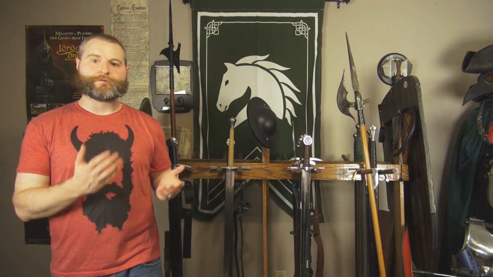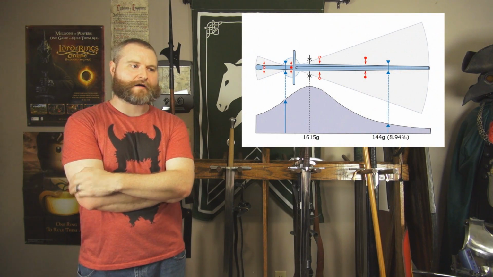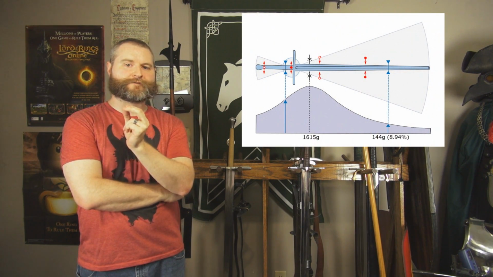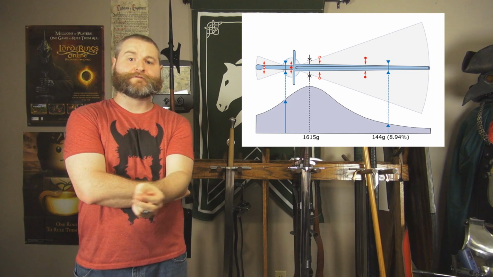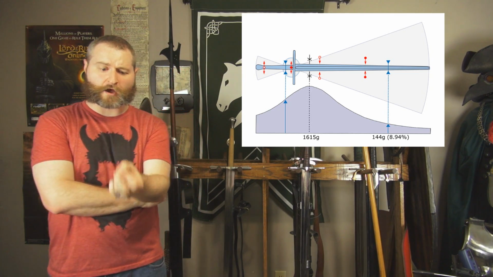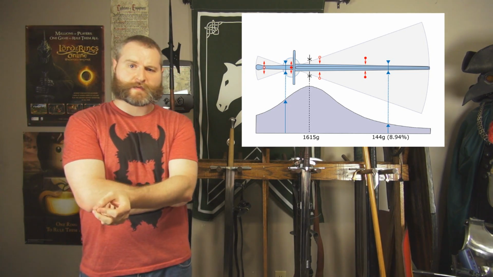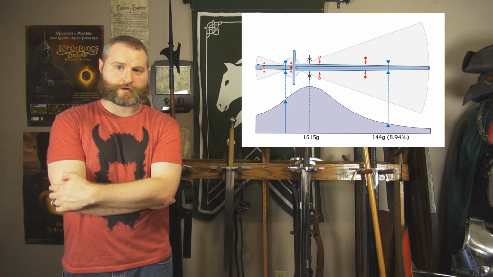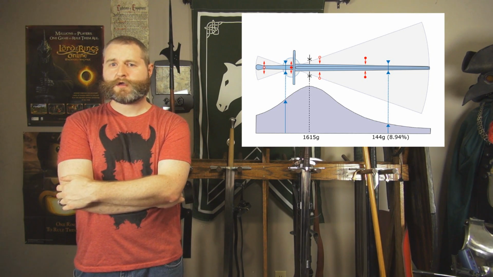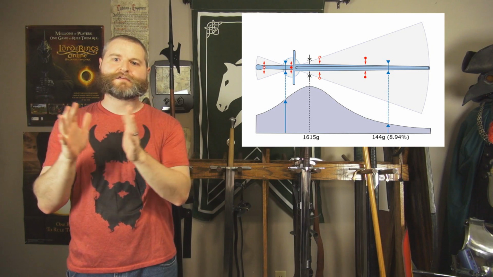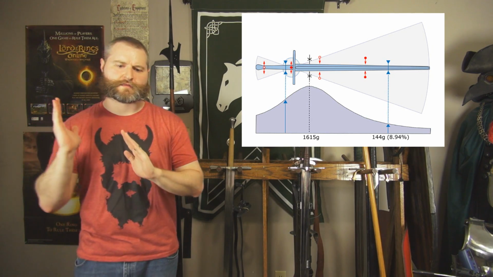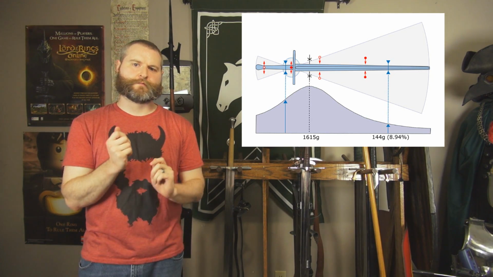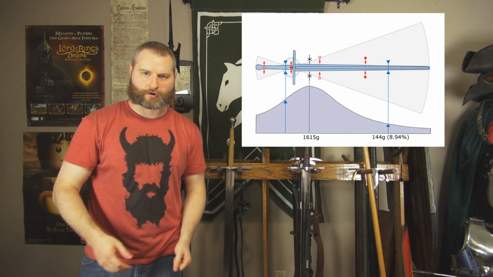So, very interesting information. Now, some other notes about the Lichtenauer itself in the chart that I have. Normally, where you have that forward vibration node, or that blade vibration node, that also represents, generally speaking, your percussion point. It's not always exactly the same, but generally speaking, that's the range it's going to be in where that vibration is. That means that the maximum transfer of energy from your strike goes from the blade to your target.